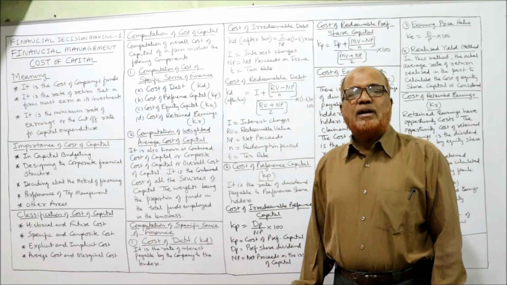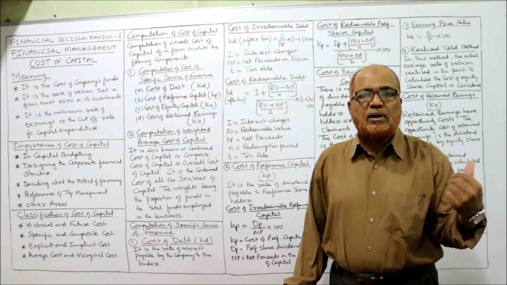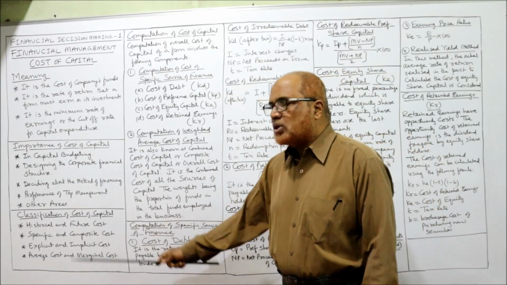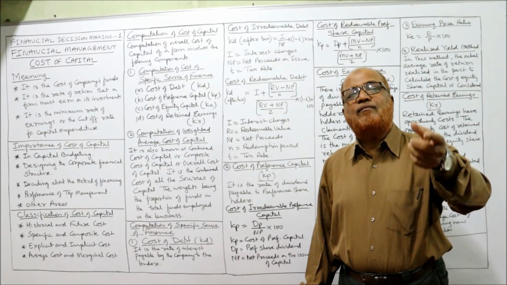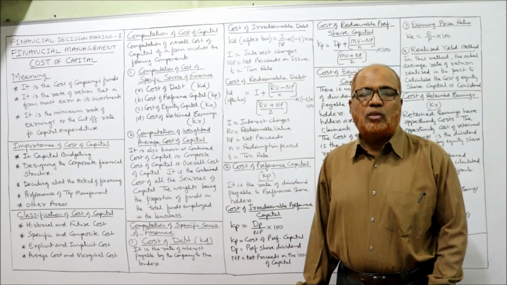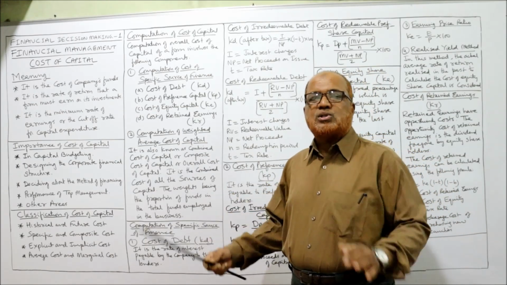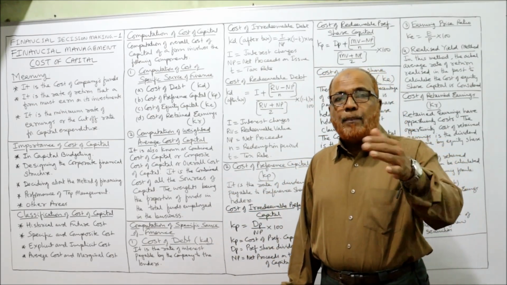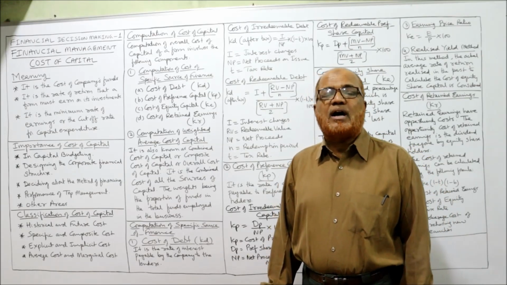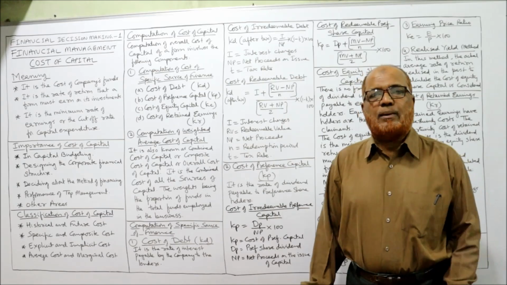But the management requires a cost of capital which is related to future, not for the past. That is called future cost. That means what would be the cost of capital for future capital structure, not for the present. So from management point of view, future cost of capital is very important rather than past. But the past cost of capital will give us a guide for calculating the future cost of capital.